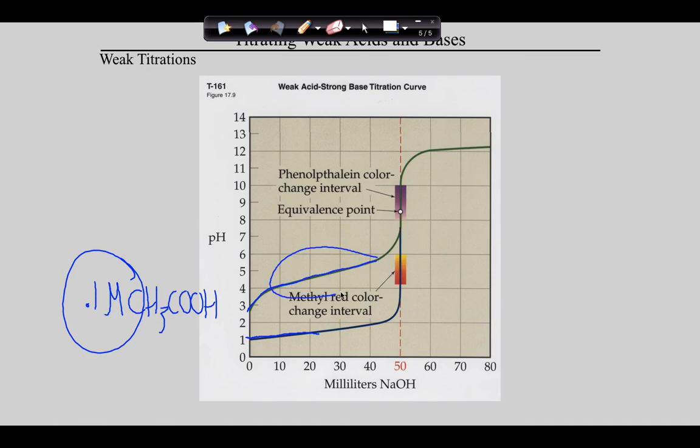What's happening in this region is the system is actually self-buffering. I know that doesn't make sense, and it shouldn't, but it will when we start doing this for real in lab. But guys, what's happening is initially the pH jumps rather rapidly, but then eventually this system buffers itself.